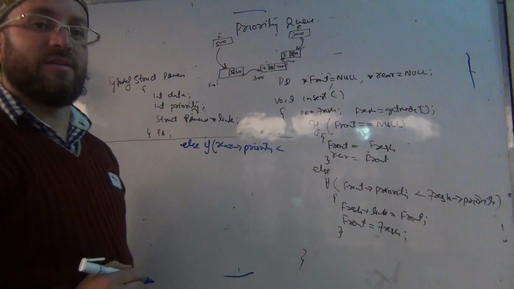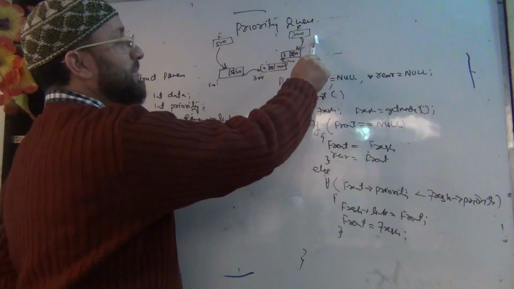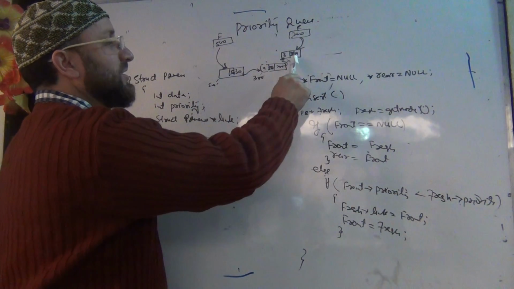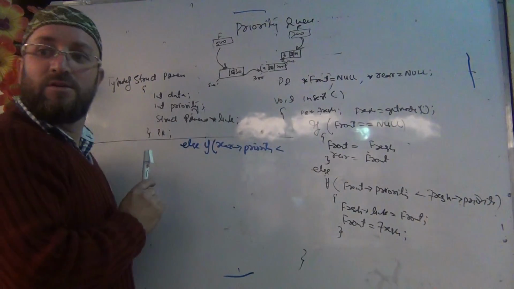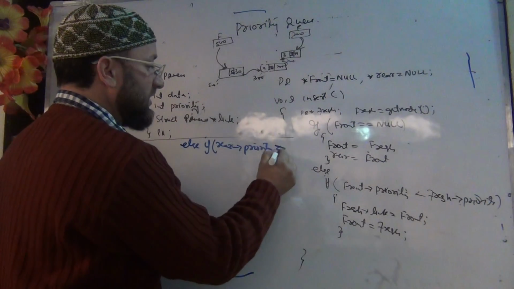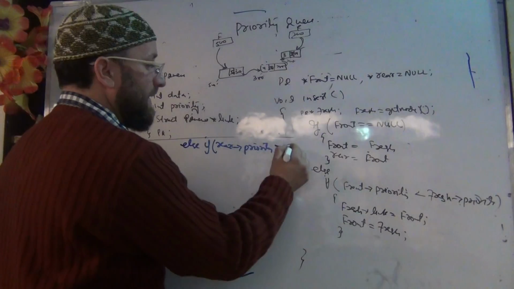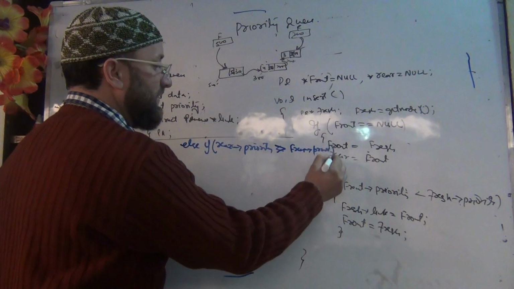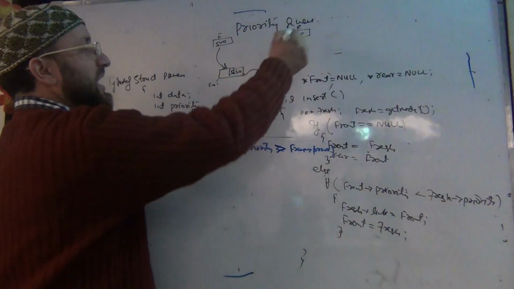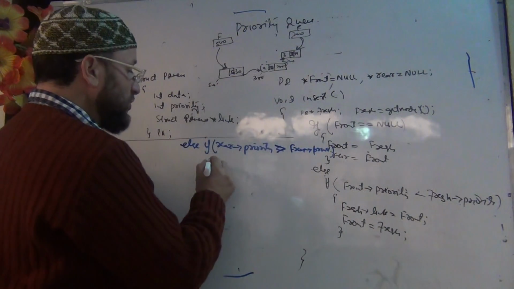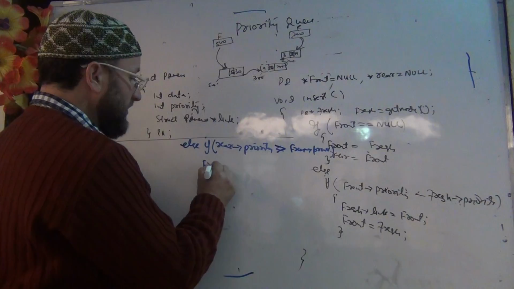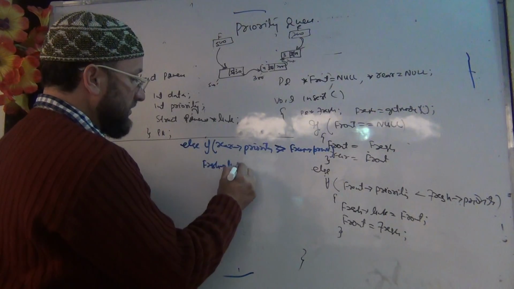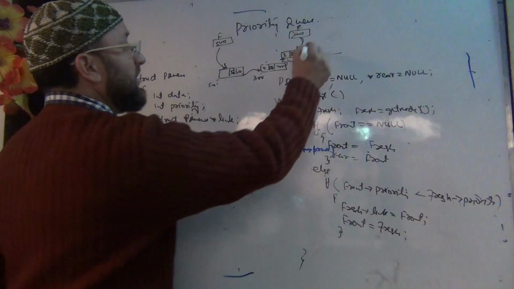Greater than. You can put here somebody who has lesser priority than this. It should be greater than, then you can put it here. Greater than what? Fresh arrow priority. Very good. If it is so, then the last node should be that. So what should I say? Rear arrow link, fresh arrow link is equal to rear. Then put the node here.